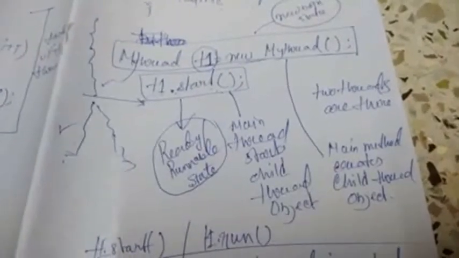The start method will invoke the run method that is defined in the thread class, and after that the output will be the printing of some numbers that is written into the code.